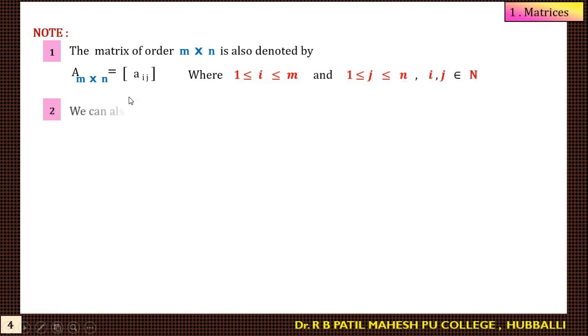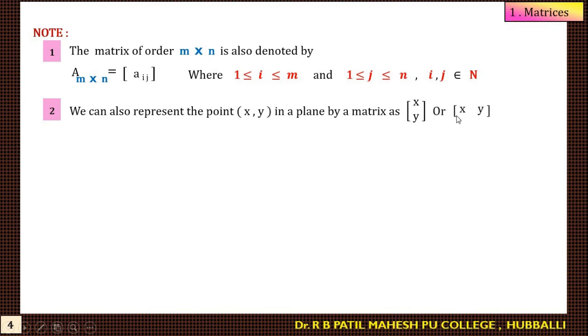And the second point, we can also represent the point x comma y in a plane by a matrix as x y in column form or x y in row form. That means whatever point we have in a plane, that point can also be written in the form of a matrix, either column wise or row wise.